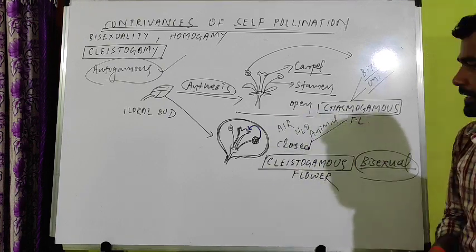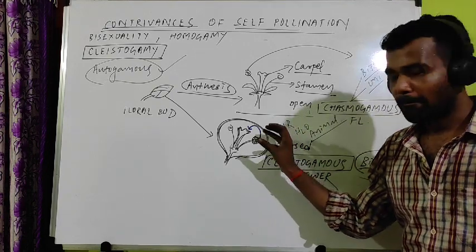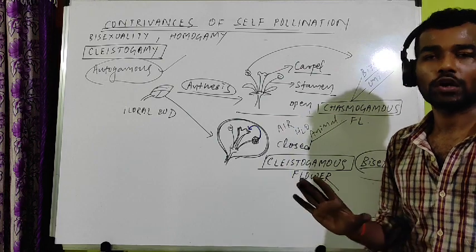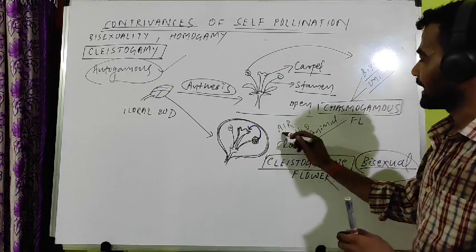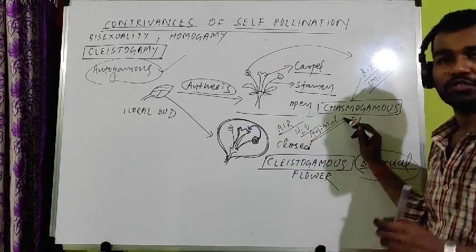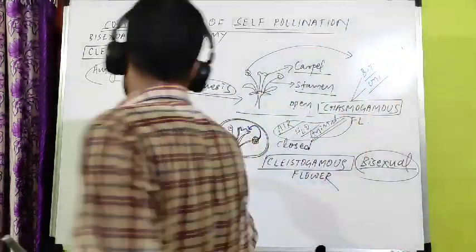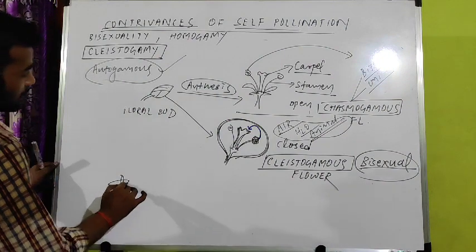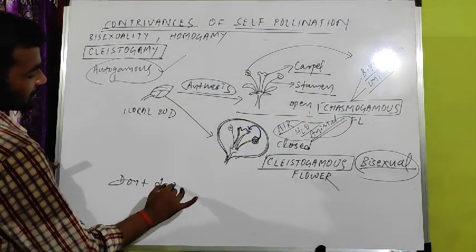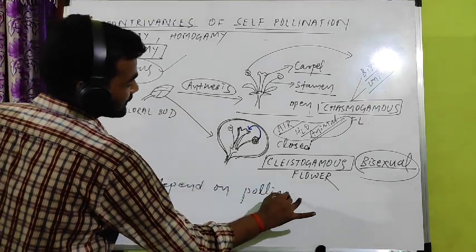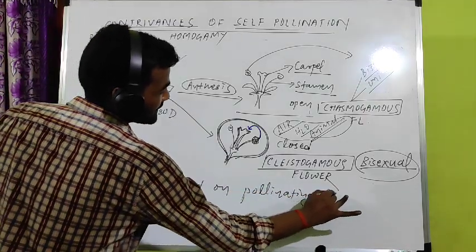So that's why in this type of flower, a pollinating agent is not required. Any agent like air or water, these are called agents which help in pollination. These agents cannot enter, so cleistogamous flowers don't depend on a pollinating agent or external agent.